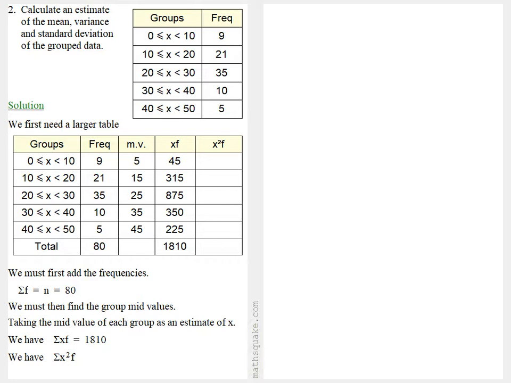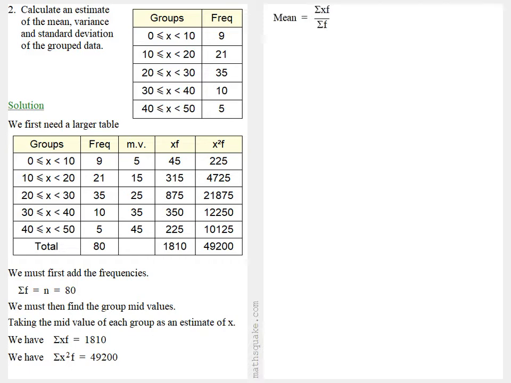So we have 5 squared times 9 is 225, 15 squared times 21 is 4725, 25 squared times 35 is 21,875, 35 squared times 10 is equal to 12,250, and 45 squared times 5 is 10,125. Now if we add all of those together, we get 49,200.